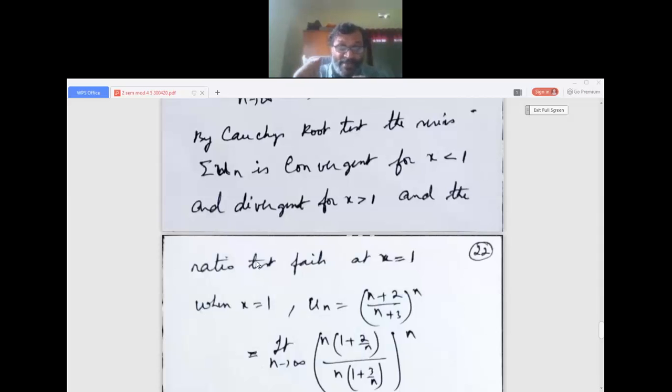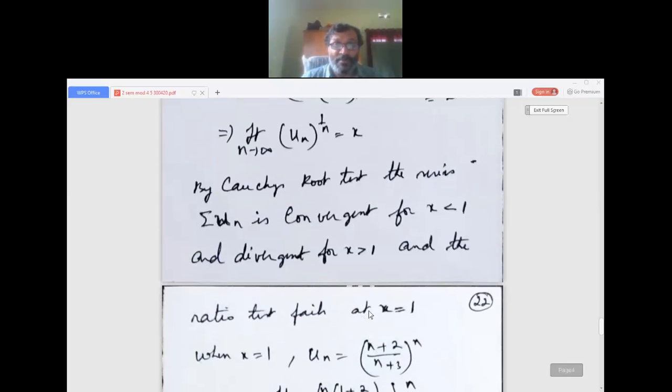Once you get x in the answer, we use the condition of Cauchy's root test. It's convergent for x less than 1, divergent for x greater than 1. But for x equals 1, Cauchy's root test fails. Even in the D'Alembert's test, same thing. So we cannot say it fails here.